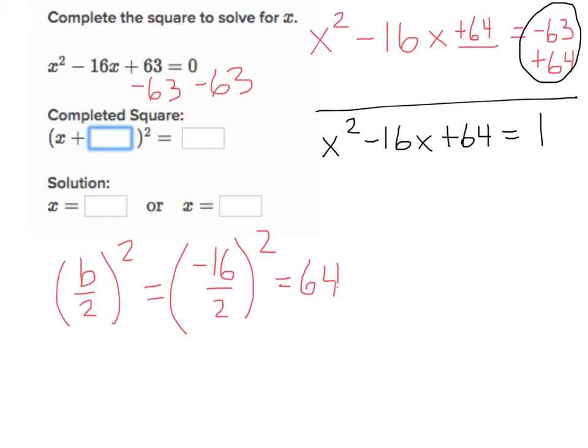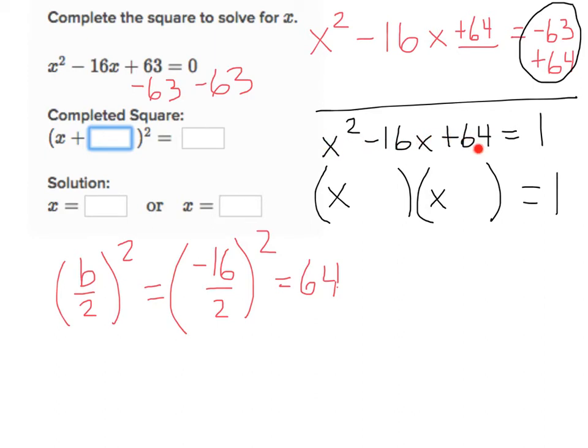So what you have to do is factor x squared minus 16x plus 64, which means you're going to write it in two binomials. So I've got a binomial here and a binomial here, and it equals 1. X times x equals x squared. Now, you completed the square, which means this trinomial is always going to be a perfect square trinomial.